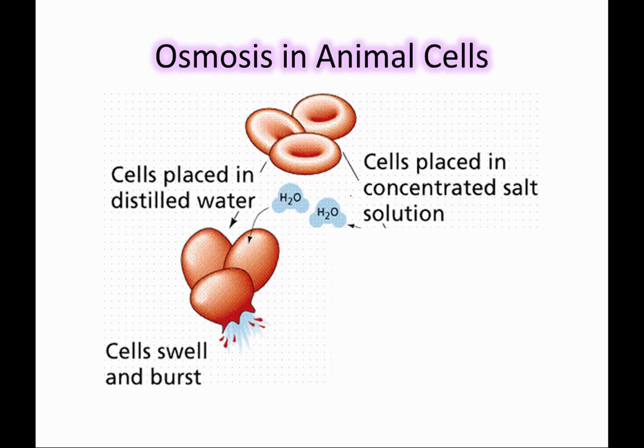So, if we put them in distilled water, the water will move from high water potential outside the cell to a low water potential inside the cell, and the cells will swell up and burst.